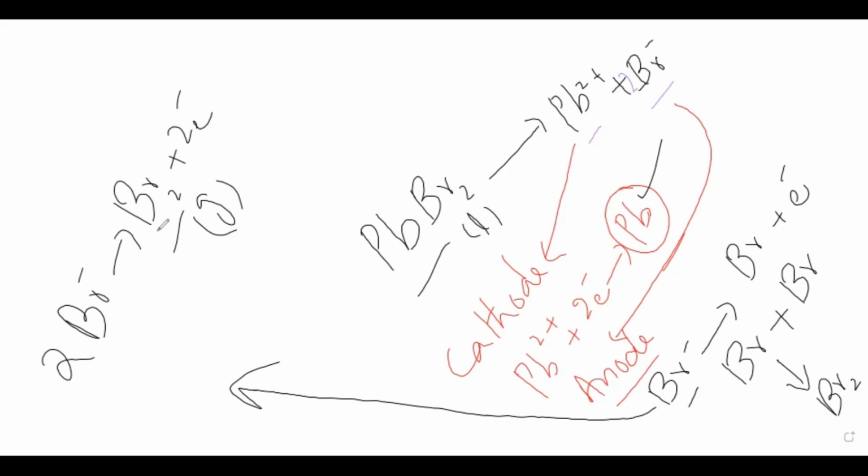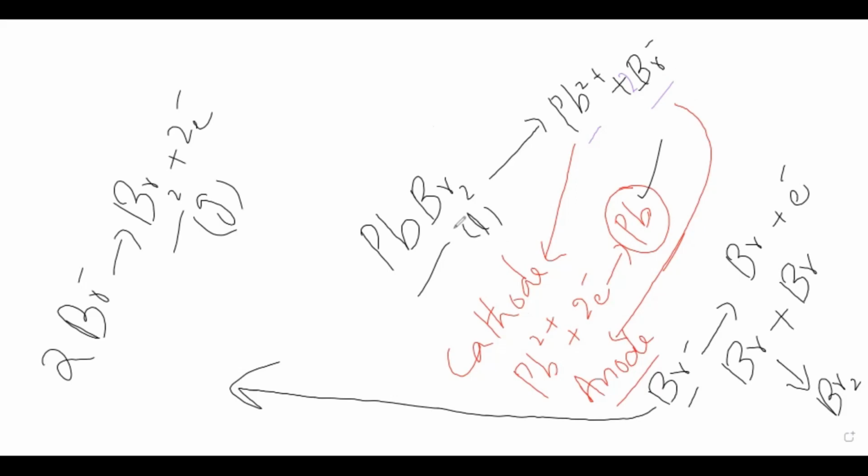In this way, we have broken down this lead bromide compound, which is a very stable ionic compound, into its elements through electrolysis. Electrolysis is used to break this compound into its elements, lead and bromine.